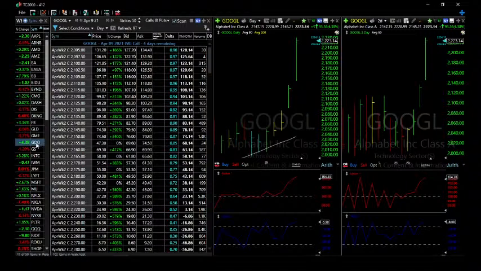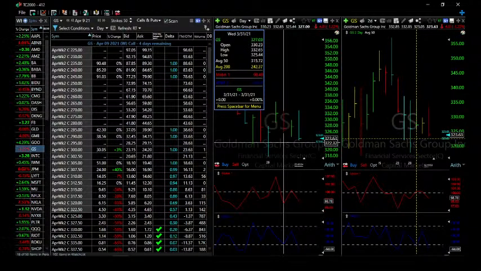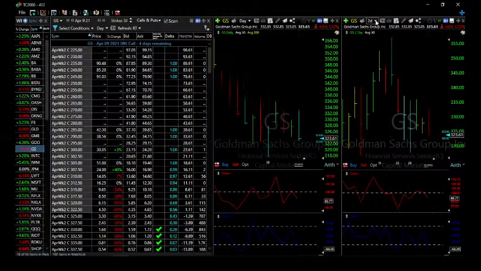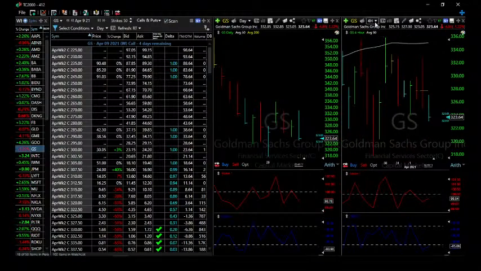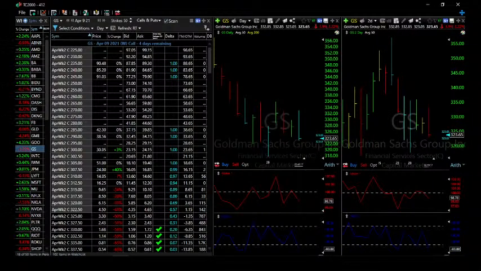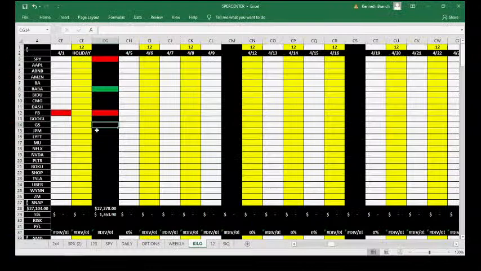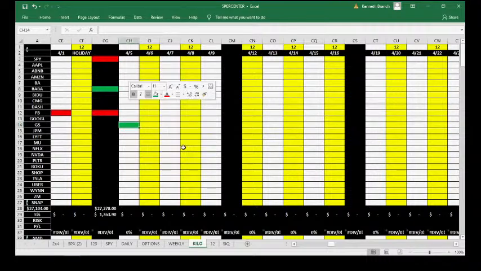Google, nothing there. Let's see, Goldman Sachs. So when I get a buy and sell signal on a chart, I would typically place a red or a green bar.